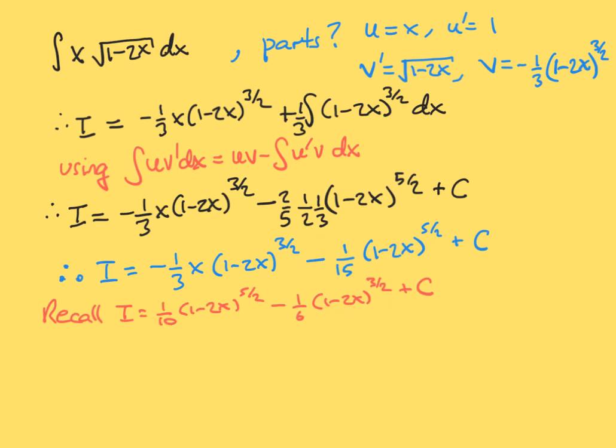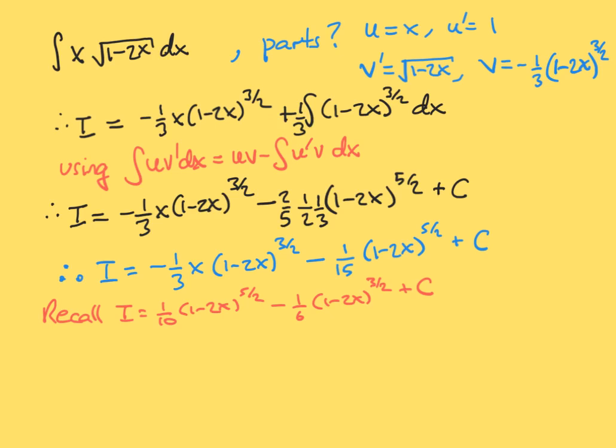This term, however, does not look like this because this just has a number outside of 1 minus 2x to the 3 halves, and here there is a factor of x. So what we have to do is to use algebra to show that this is the same as that. And if you'd like to, you're very welcome to pause the video and try to show how you can get from this to this. Algebra practice is really good for all of us.